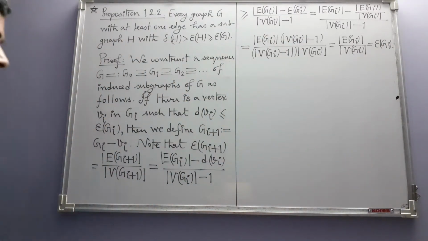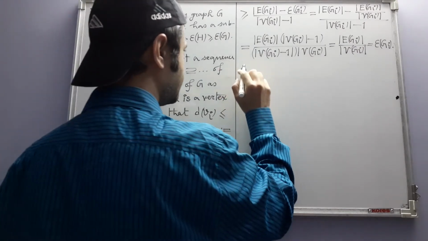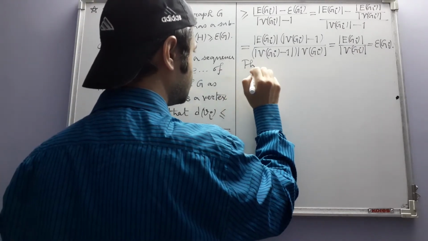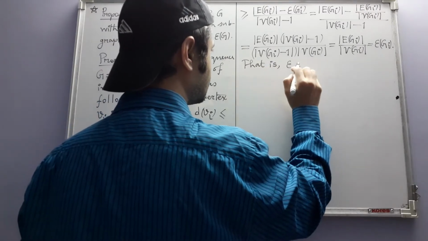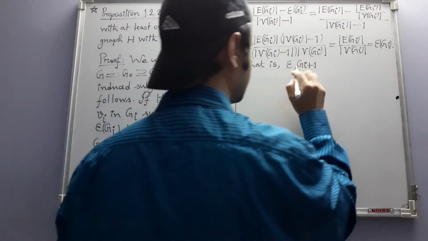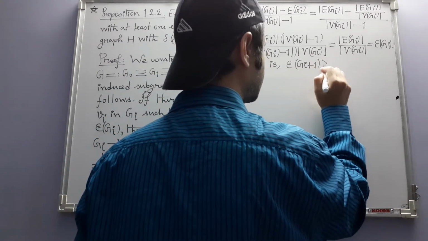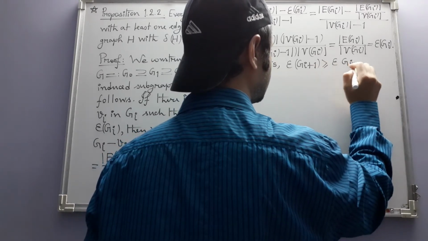So we have got the inequality that the average degree of Gi plus 1 is greater than or equal to the average degree of Gi.